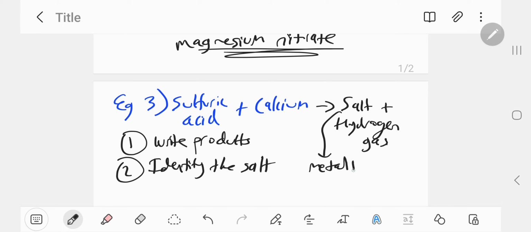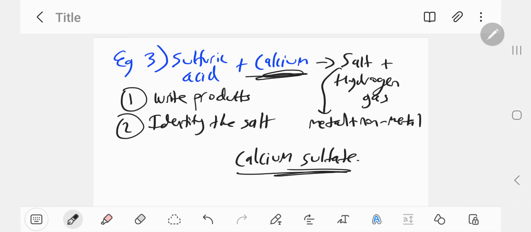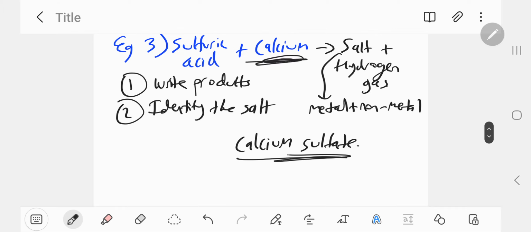Remember, it's metal and non-metal. Now, eyeballing this expression, calcium is the metal. It's in group 2 as well, like magnesium. So you write down calcium. The non-metal comes from the acid. The sulfuric becomes sulfate. So I'm hoping you're seeing a common trend here now. If it ends in IC, it becomes ATE, right? Calcium sulfate.